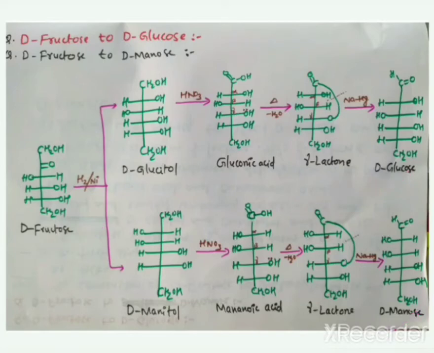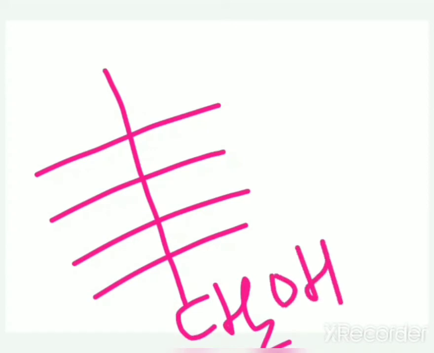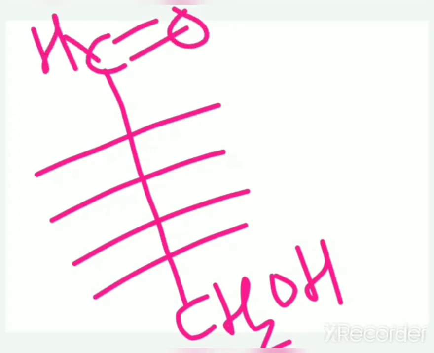First of all, we know, a very important discussion: what is the structure of D-glucose. At the bottom side the CH2OH group is present, and on top the CHO group is there. This is the third carbon, OH is on the left side.